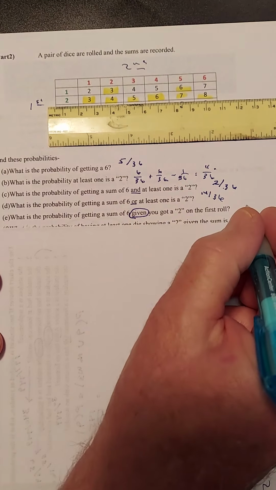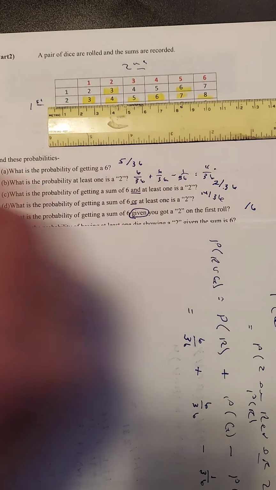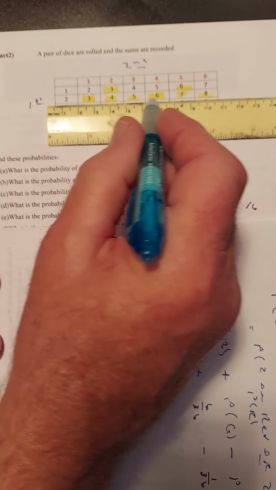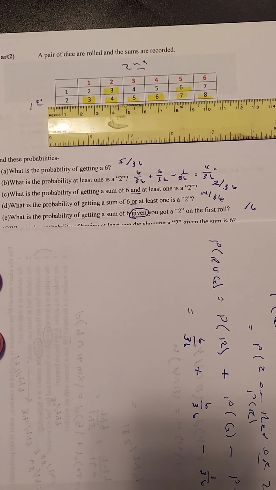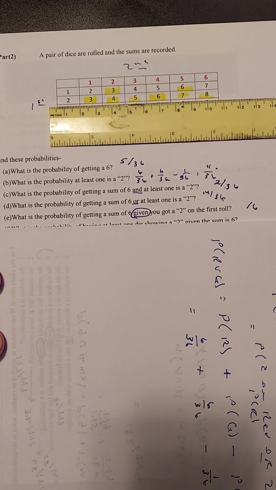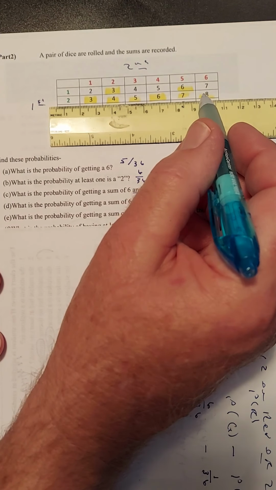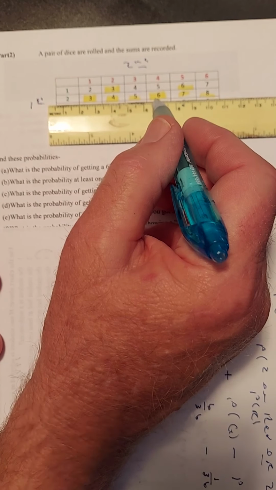So the bottom number will be 6 because there's 6 of them. 1, 2, 3, 4, 5, 6. Out of those 6, how many of them gave you a sum of 6? 1. That's this one right here, 2 plus 4.